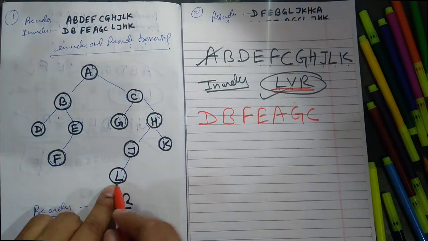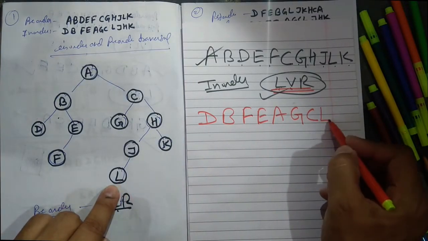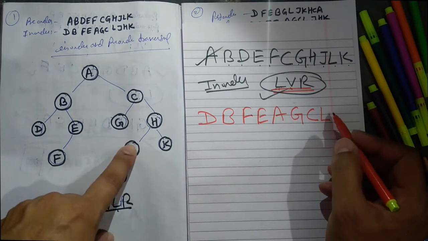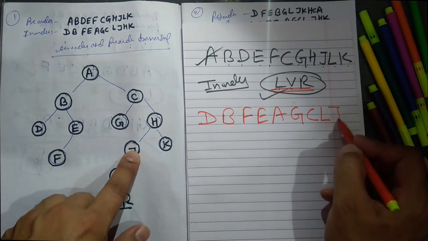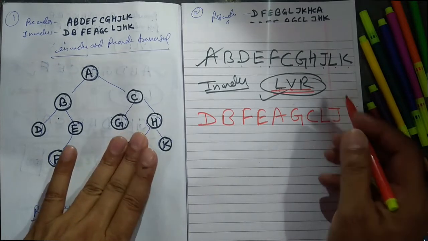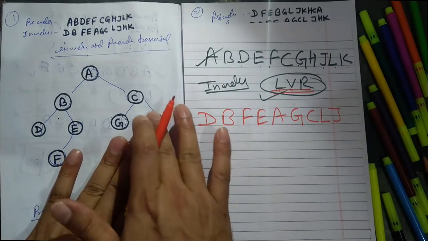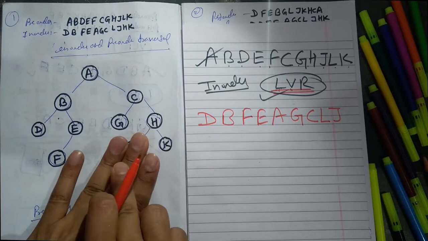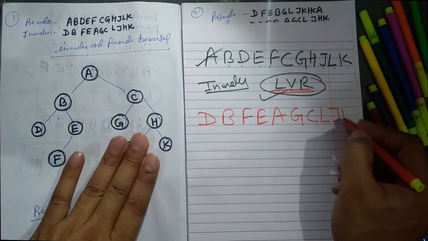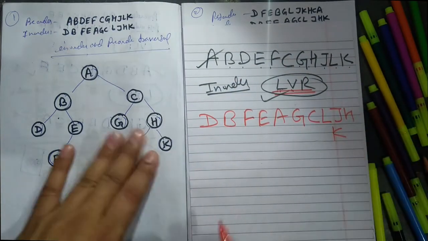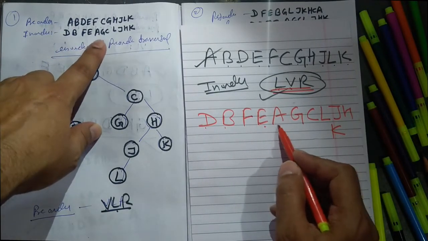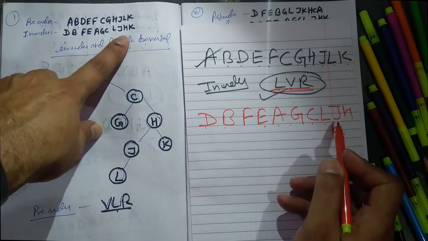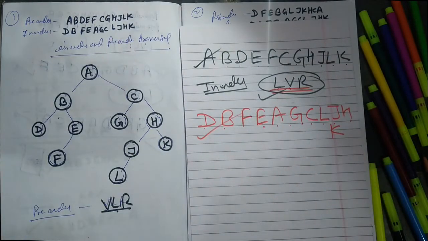The most left is this: left, root, right, no right. Left done. Left, root, right. Left done. Root H and right is K. Done. Now both are the same: D, B, F, E, A, G, C, L, J, H, K. It means that I am correct.